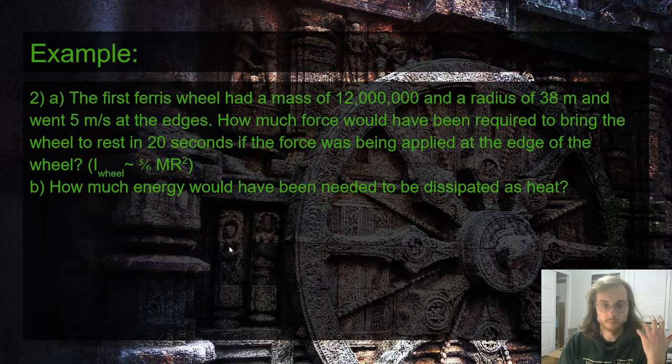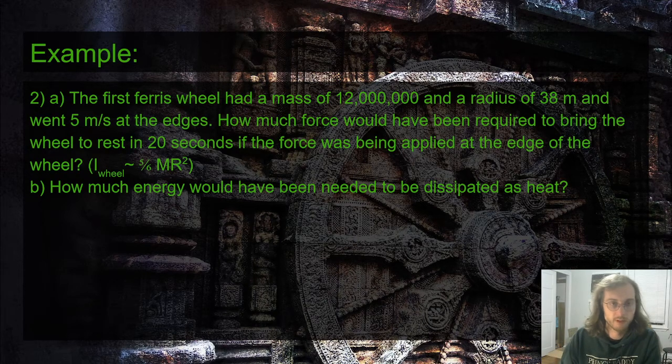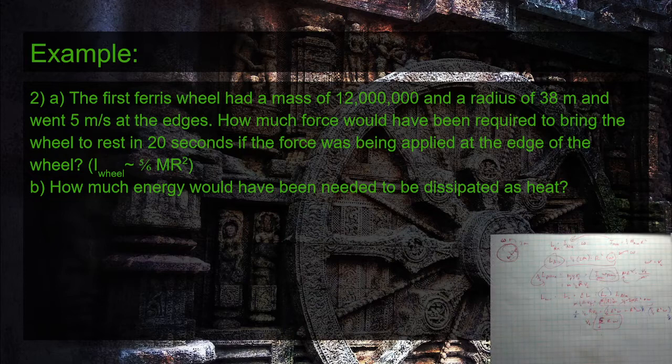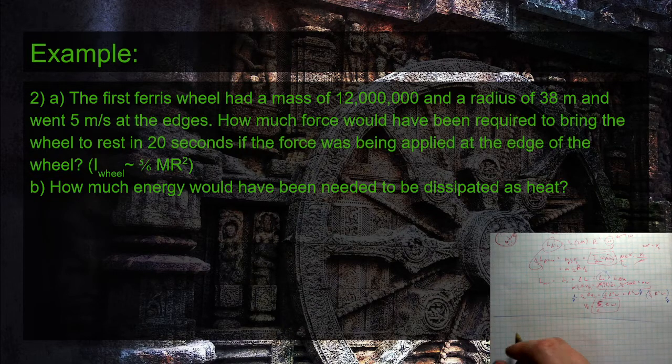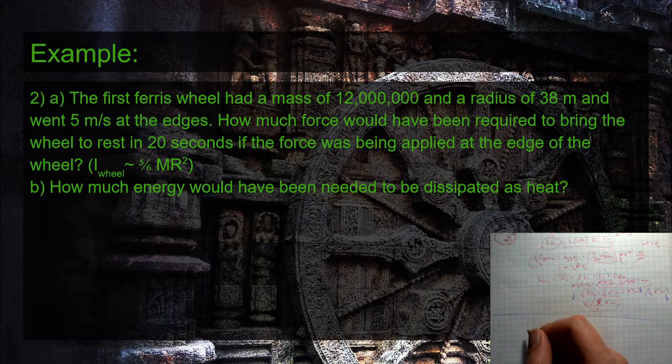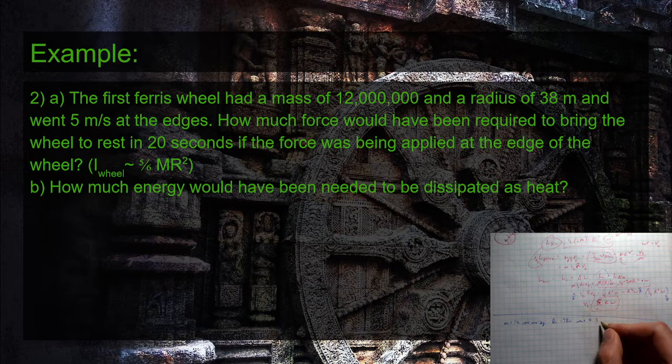So, in a non-calculus example, the first Ferris wheel had a mass of, I should have put units on that, 12 million kilograms, I think I did kilograms, and a radius of 38 meters, and went about 5 meters per second at the edges.